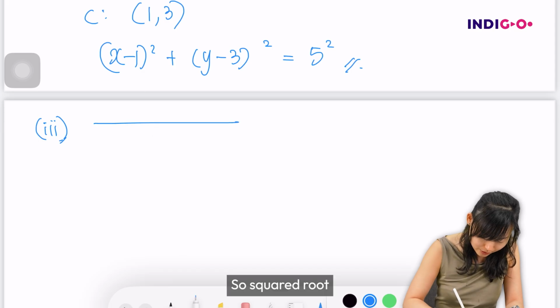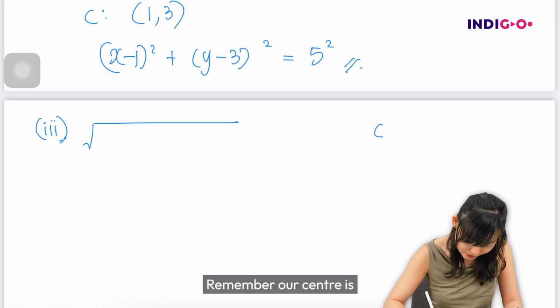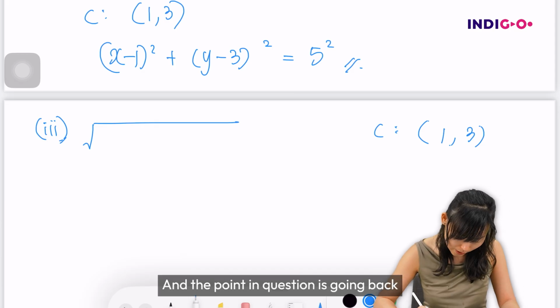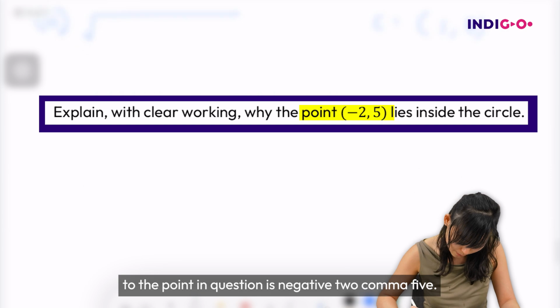So square root, take the difference of your y coordinates. Remember our center is, I'm just going to write here for reference, (1, 3), and the point in question is (-2, 5).